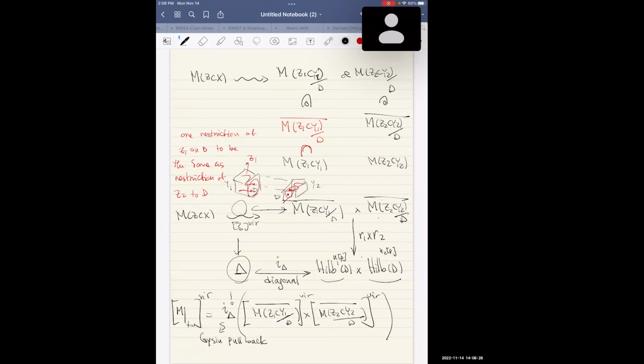Because this is the virtual cycle of the locus of curves in Y1 and curves in Y2 such that after restriction to the divisor D, the n1 points you get after restriction of Z1 exactly match the n2 points you get after restriction of Z2 to D. This is why this is the virtual cycle of the special fiber of the family. Okay, so that's what we are trying to do.